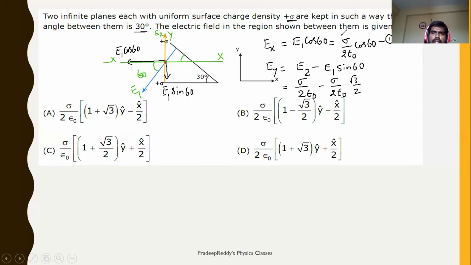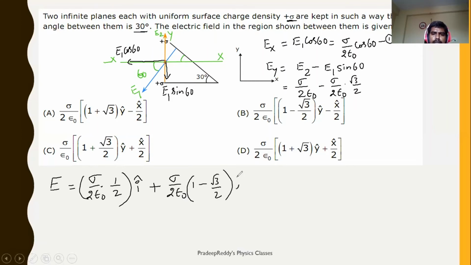Now the electric field in the region, the total net electric field E, is equal to Ex, that is sigma divided by 2 epsilon naught into cos 60. It is 1 by 2. This is along the x-axis, i cap, plus along the y direction, it is sigma divided by 2 epsilon naught into (1 minus root 3 divided by 2), and this is along j cap, right?